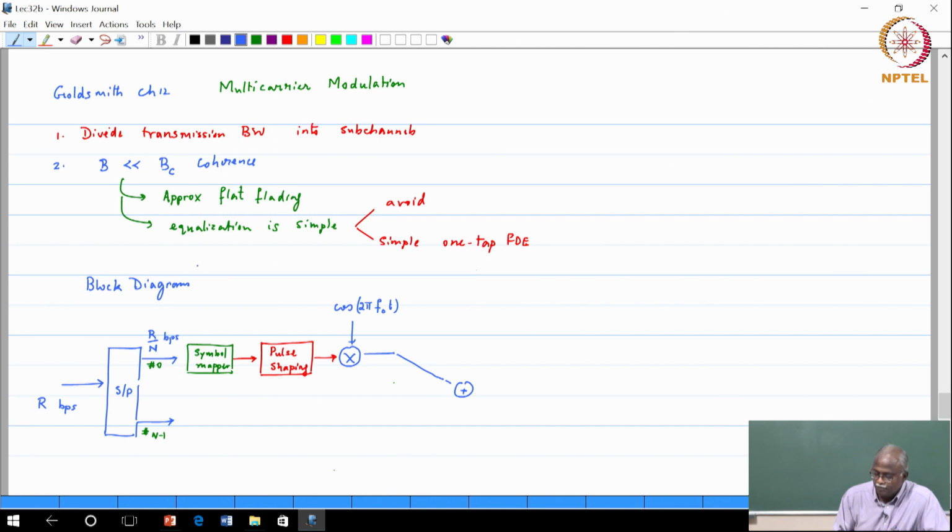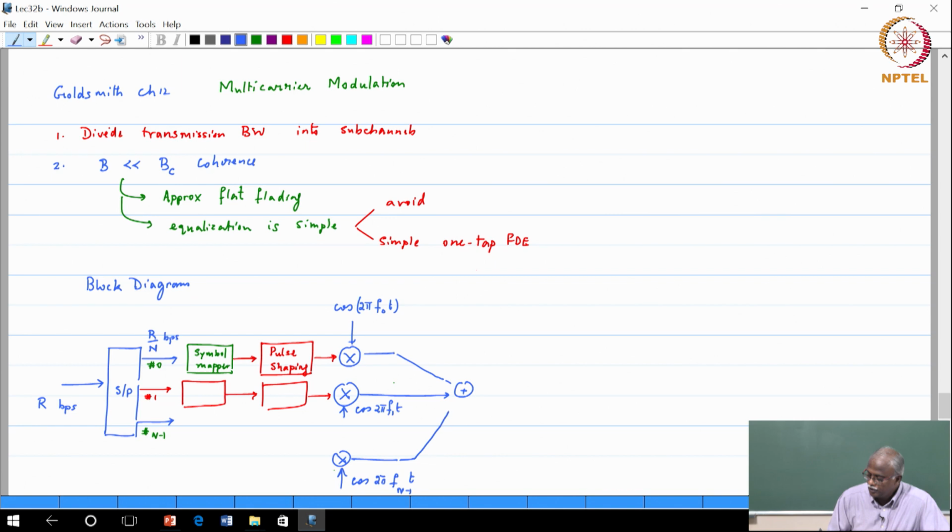The second branch, branch number 1, would go through a symbol mapper, then a pulse shaper, and then you would have a second carrier which would be cosine 2 pi f1 t, that is my second carrier, and then the last one will be cosine 2 pi f n minus 1 t, dot dot dot.